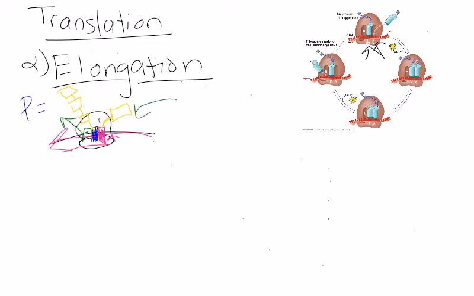Okay? So again, if we start out with our A site being filled by a new amino acid tRNA, what's going to happen here is as we move through this process and that RNA strand moves through the ribosome, if this is our small unit, this is our large unit on our ribosome, eventually that tRNA that was in the A site is now going to move to the P site.